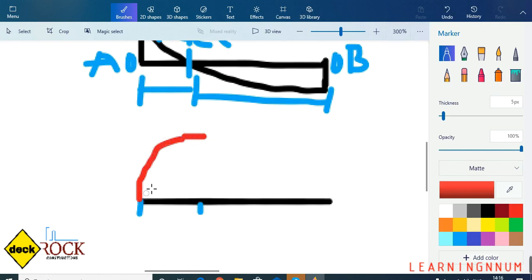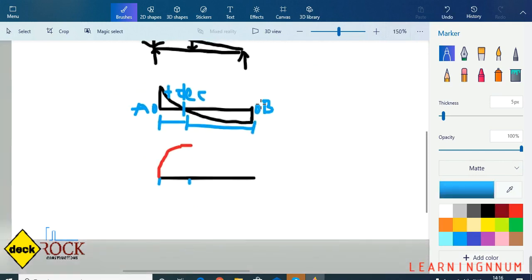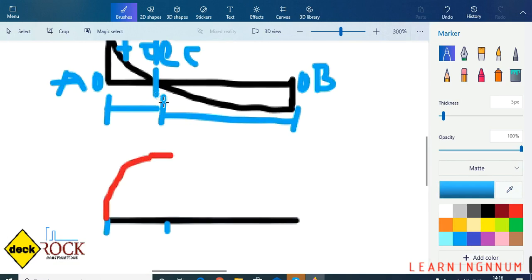Now consider the 0 to B, that is the right portion. How is the shear force varying? Magnitude wise, it is increasing from left to right, right? Yes, sir. And direction wise, it is negative, right? Because it is below 0.